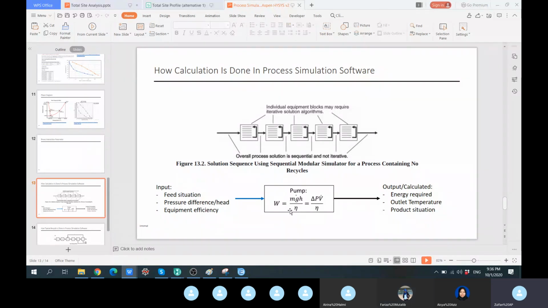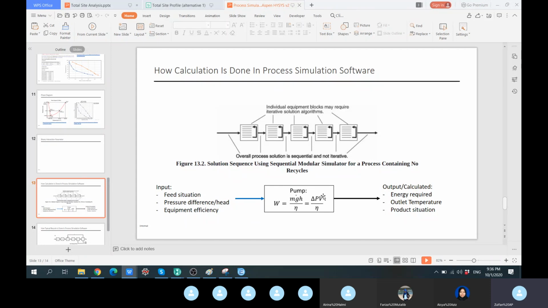So this is typical of the pump calculations. It's also like a delta P multiplied by the volumetric flow rate. So we have the delta P, how much pressure we want to give onto the fluid, or how much head we want to increase the fluid, and then how much fluid we are going to pump, in volumetric flow rate.